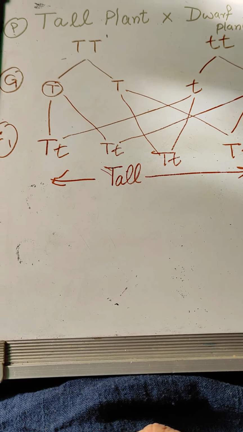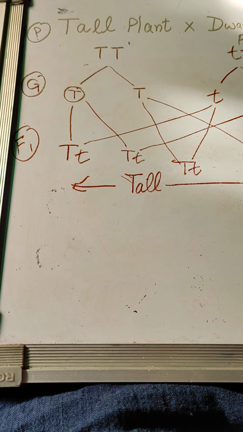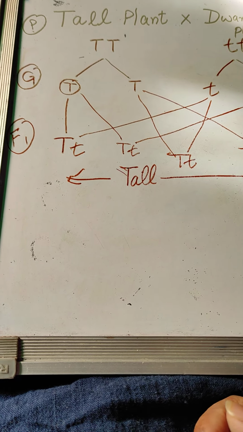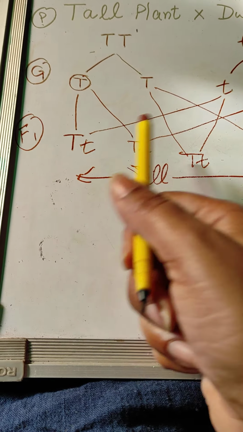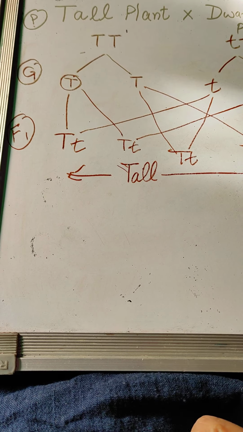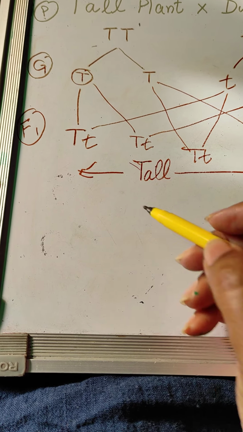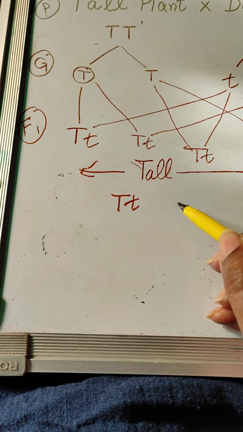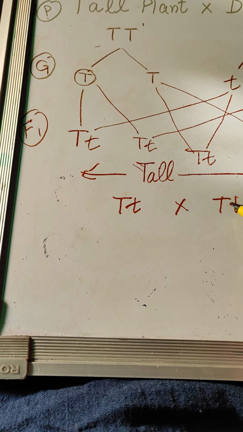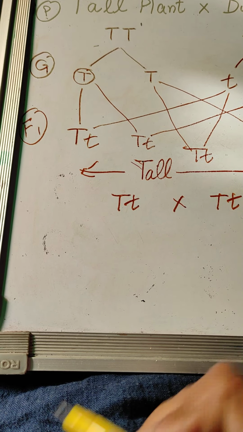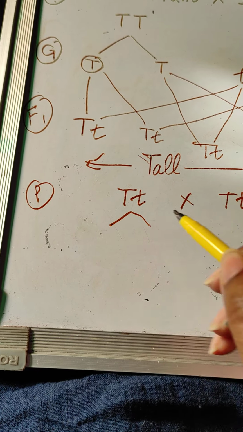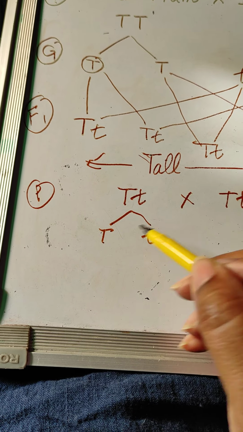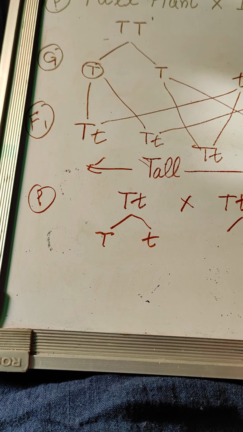Now to get the F2 generation, any two of these are taken as parents. They are crossed. So these two are self-crossed. Now they are like parents. Gamete formation: alleles will get separated.